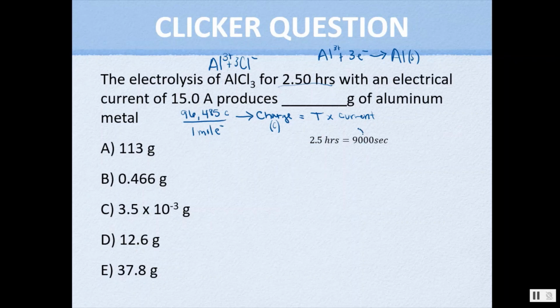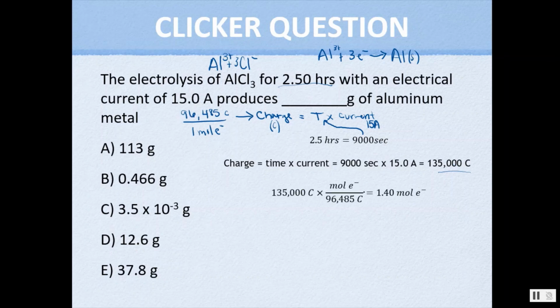So now that we have the seconds, we can plug in here, and our current is 15 amps. We would take that 15 amps, multiply it by 9,000 seconds to figure out the total number of coulombs applied. This 135,000 coulombs came from our electrons. 1 mole of electrons would produce 96,500 coulombs, roughly.